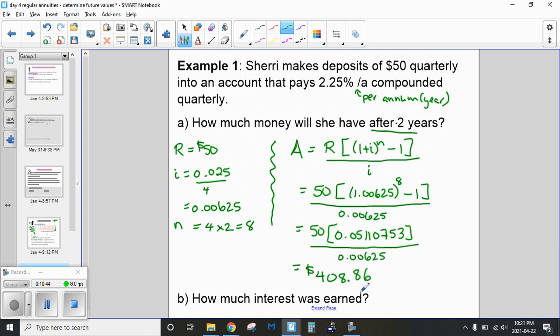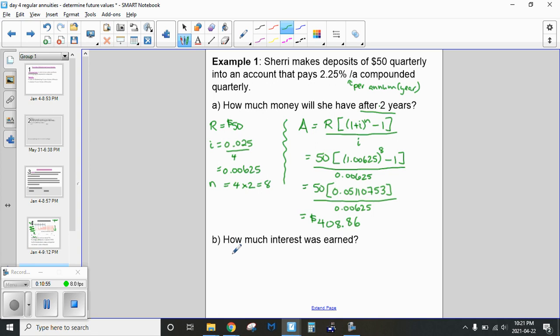Part B of this question says how much interest was earned. So we're going to look at this final amount of money and compare it to how much she actually deposited. Her deposits are kind of like her principal. She put into the bank $50 on 8 different occasions, so that's $400 that she actually put into the bank.